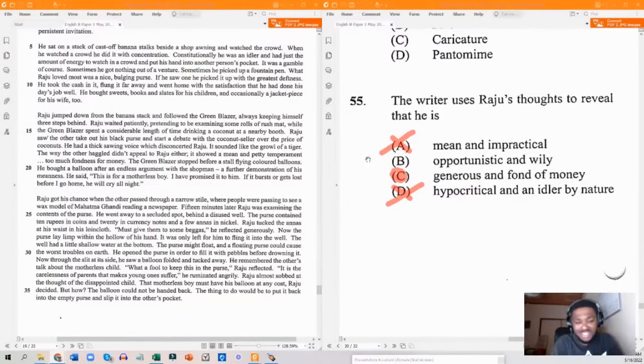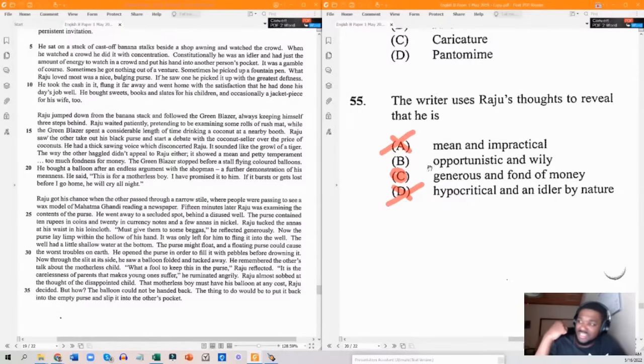He's opportunistic because he can look at a crowd, figure out who to rob, wait for the right moment and strike. And is he sly, cunning, full of tricks? I would say he's wily as well. So he's opportunistic and he's wily.